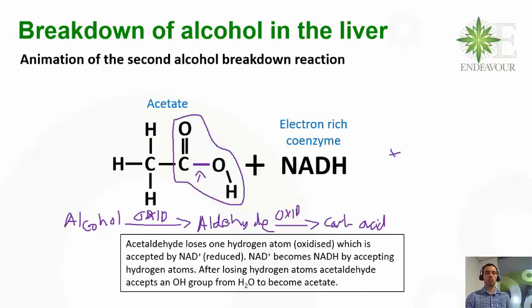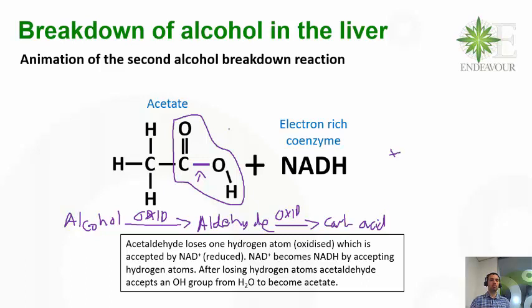in particular an oxidation. So why was it useful to actually go through these redox reactions to create our new carboxylic acid compound, which is acetate here? Well, remember I told you that alcohol was toxic and acetaldehyde was even more toxic. So by going through these two redox reactions, we've actually been able to create a compound that's now not toxic at all.